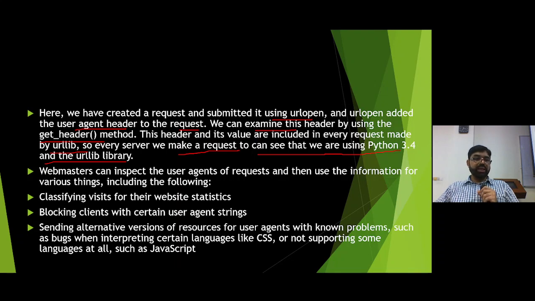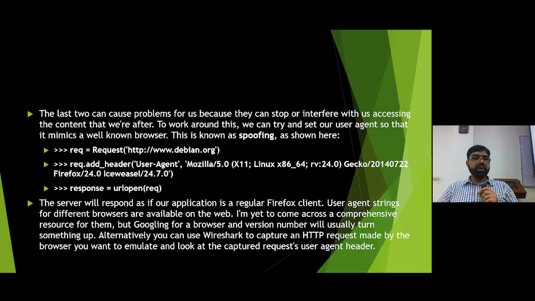Webmasters can inspect the user agents of requests and use the information for various things, including the following: classifying the visits to their websites, as I mentioned, since some people are using a web scraper or web crawler; blocking clients with certain user agent strings, so maybe you can block specific agents; and sending alternative versions of resources to users known to have problems, such as bugs when interpreting certain languages like CSS, or not supporting some languages as well, such as JavaScript, right?